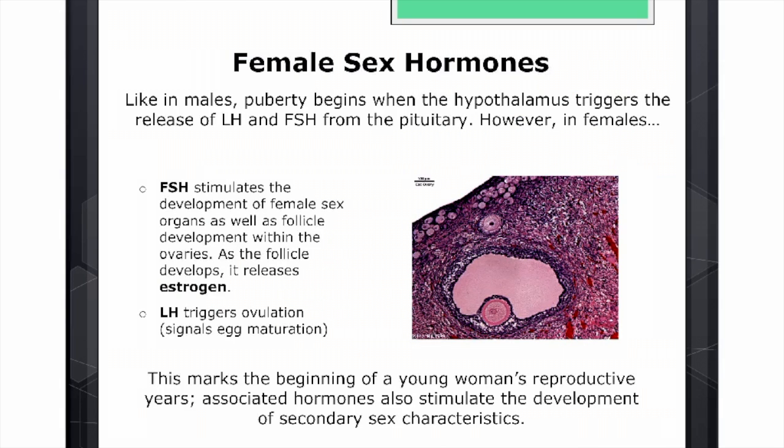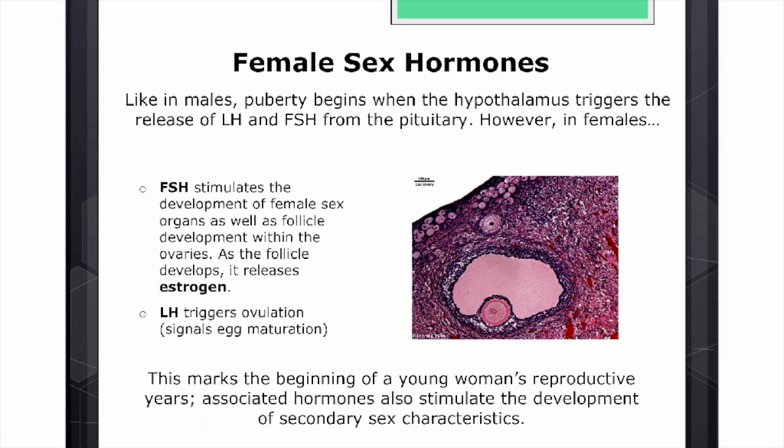In our last tutorial, I did review some of the sex hormones, but I will go through this fairly quickly. In males, puberty begins with the hypothalamus triggering the release of LH and FSH from the pituitary. In females, a little more specifically, FSH stimulates the development of the female sex organs as well as the follicle development.